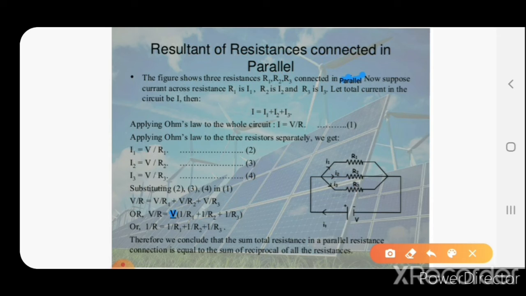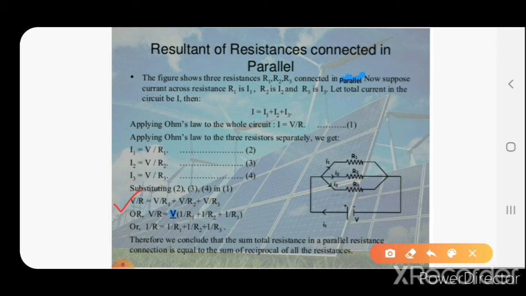Now substituting 2, 3, 4 in equation 1, we get I is equal to V upon R, so V upon R is equal to I1, V upon R1, plus I2, V upon R2, plus I3, V upon R3.